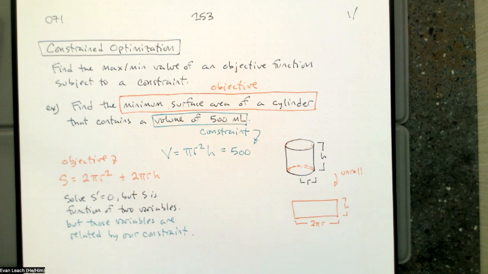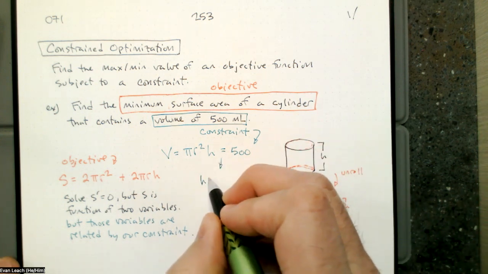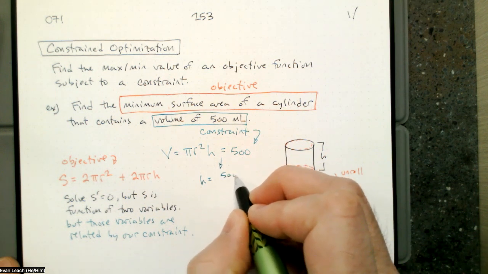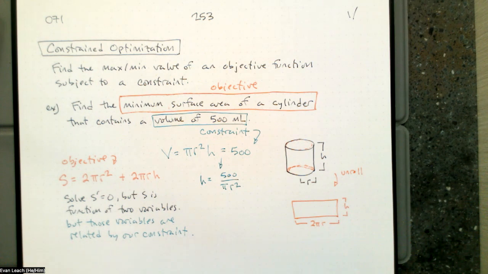We have a function of two variables, but those variables are related by a constraint. It looks like the easiest thing to solve for here would be h. So I can use this information to make a function of one variable.